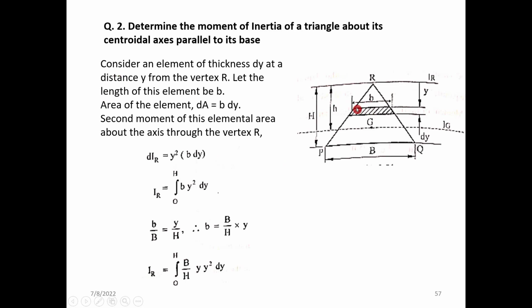So consider an element of thickness dy, at a distance y from the vertex. Let the length of this element be small b. Area of the element is b into dy. Second moment of this elemental area is given by y square into b dy.